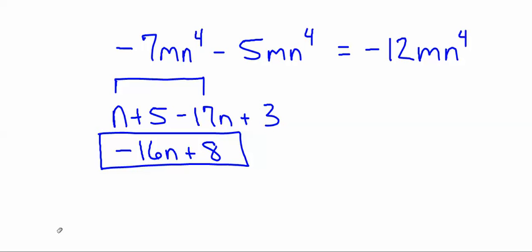Oh, I'm glad we did this one then. What you're combining here is a 1n and a negative 17n. And 1 and negative 17 is negative 16, right? Then you're combining a positive 5 and a positive 3 to get the positive 8. Make any more sense?